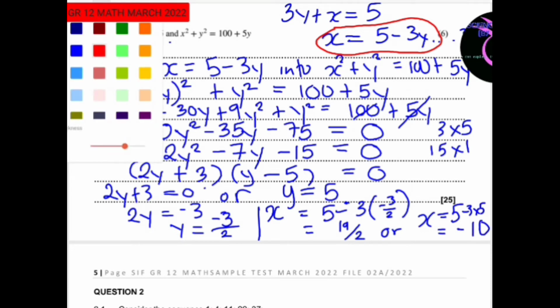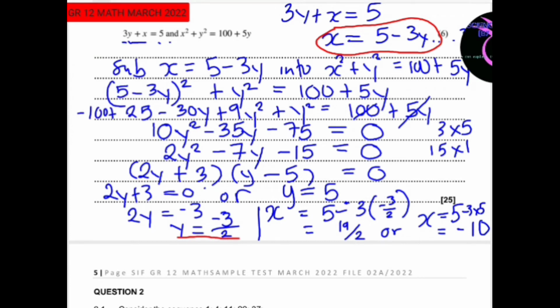So I've got y equals negative 3 over 2, y equals 5, x equals 19 over 2, or x equals negative 10. Again, you can check these answers to see if they work. The trick is, if you're going to use the y of minus 3 over 2, it corresponds to which x value? The 19 over 2. If you're going to use x equals minus 10, make sure you link it with y equals 5, when you're checking your answers.